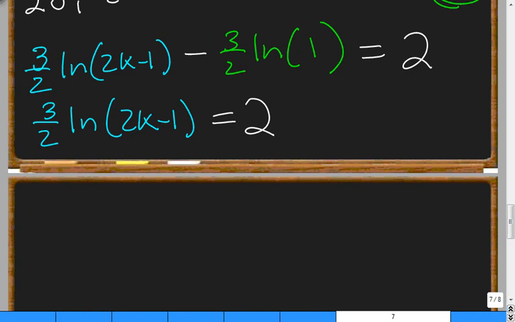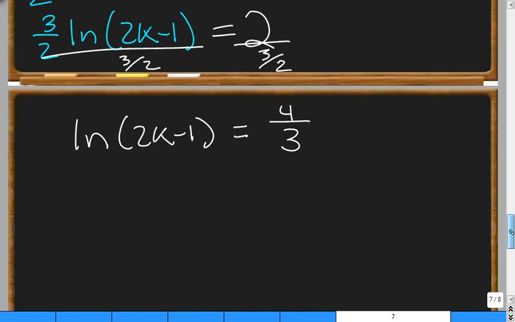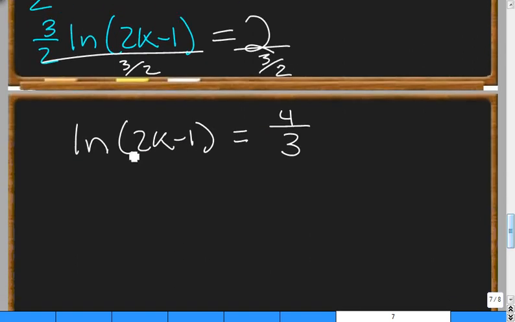So in order to solve this, I'm going to take this 3/2 and divide it over. So if I divided each side by 3/2, you should end up getting that the natural log of 2k minus 1 equals 4/3. And so now we can unwrap this because we're trying to solve for k.